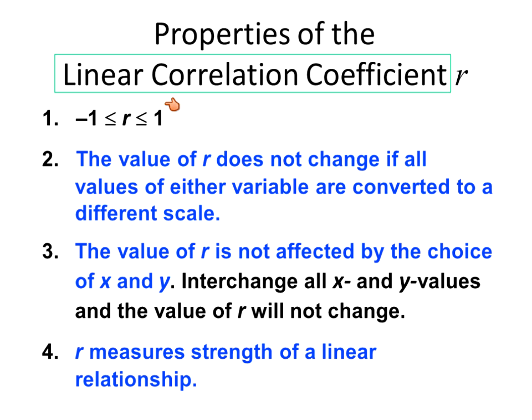The closer R is to +1, the stronger your positive linear correlation is going to be. But if R is close to 0, that means that you do not have a linear correlation or a linear relationship.